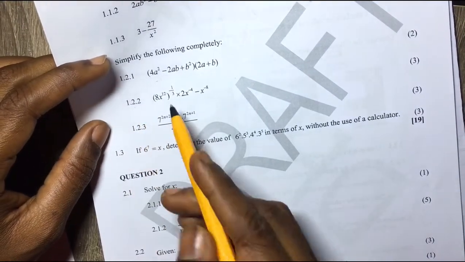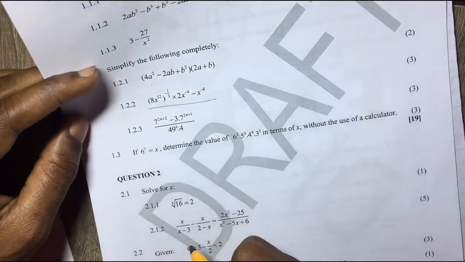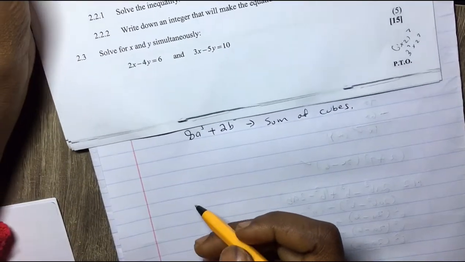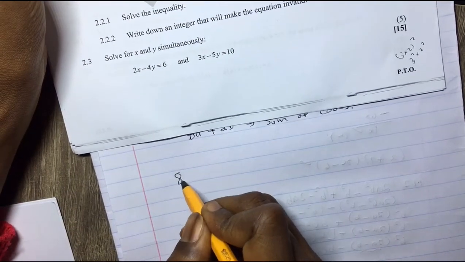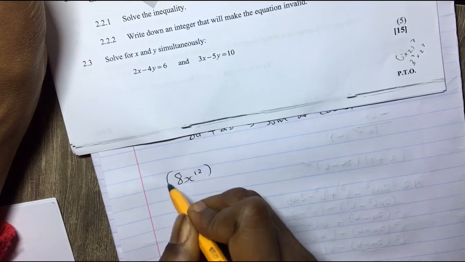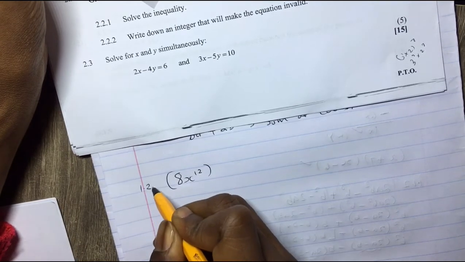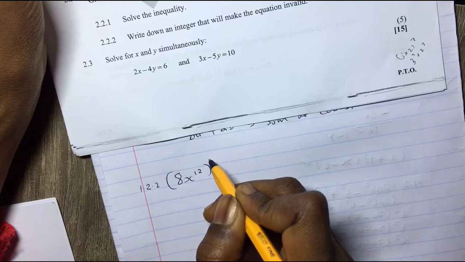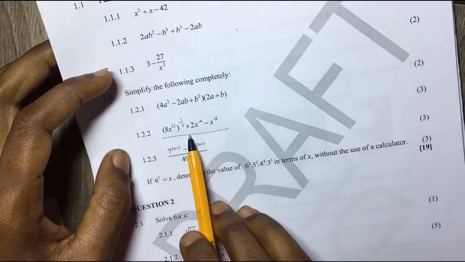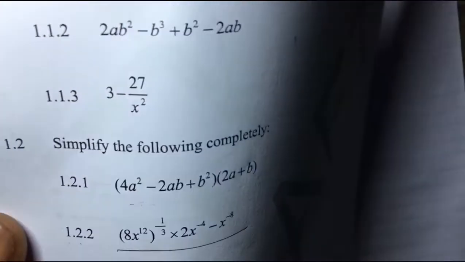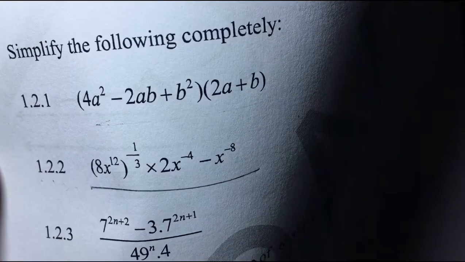1.2.2. You've got this man there. This man needs to be solved. How do you do it? Oh man. So if we get stuck, we are jumping this question. So I don't know there. Is it a negative? Should I bring it close? Is it a negative, or is it a wait.